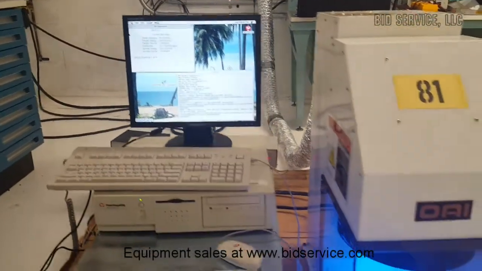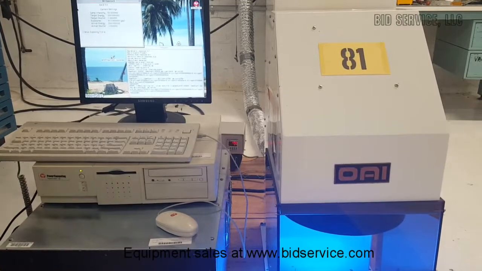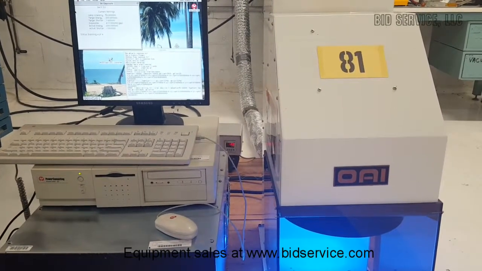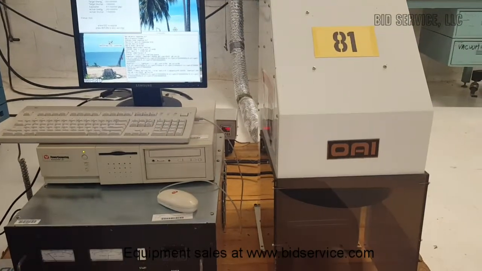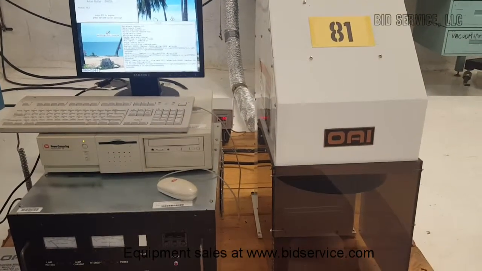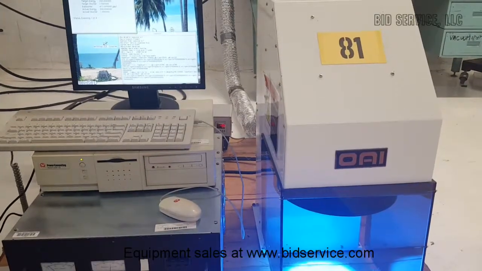Right now I have connected the output of the computer control. So the exposure took place for the desired energy. Let me show you again.